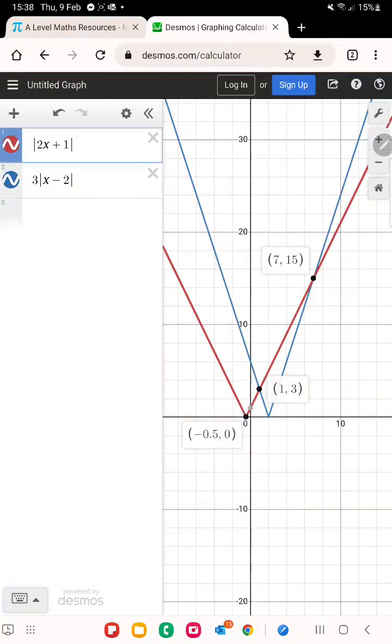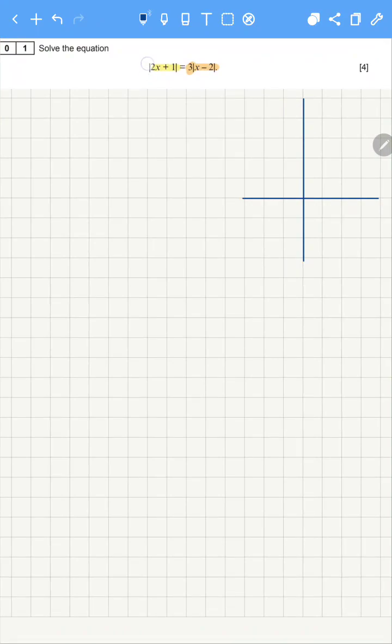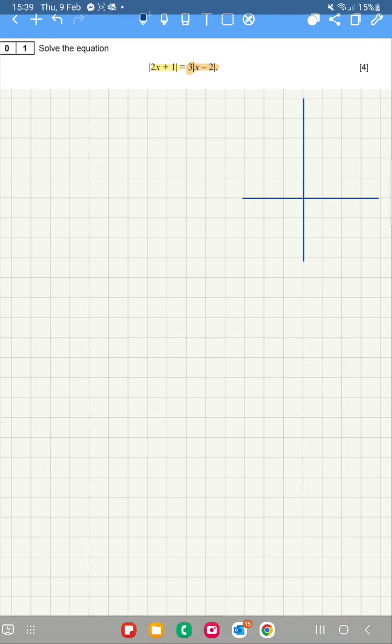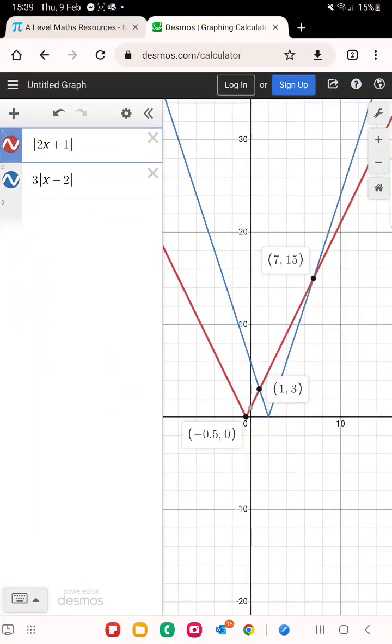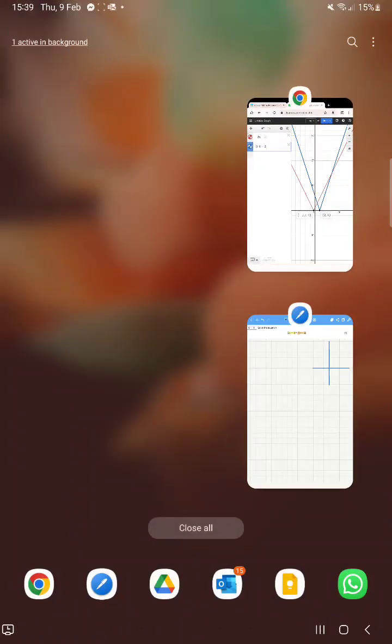Even though I say it means left 1, you can see that it actually touches at minus 0.5. The reason for that is because you are multiplying the x by 2, which means you halve the x value. Likewise here with this minus 2, this blue graph moves to the right 2, rather than dropping down as you may think.